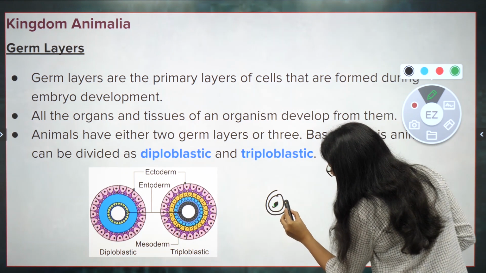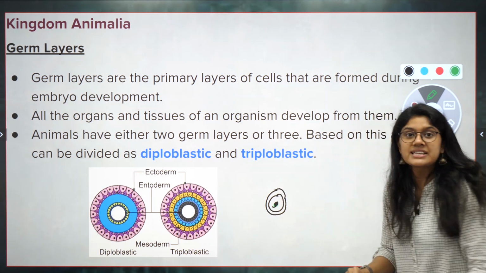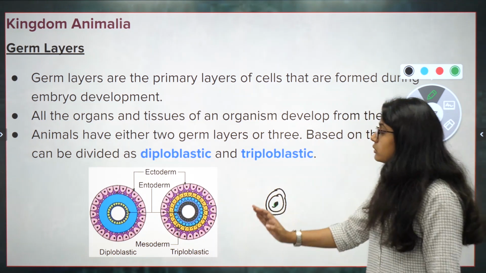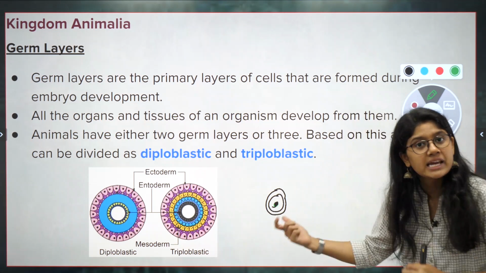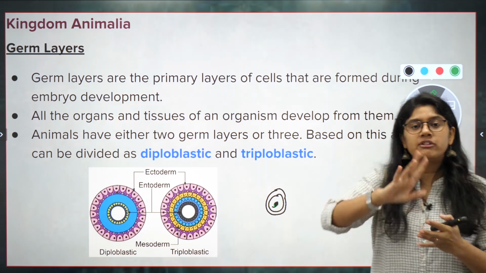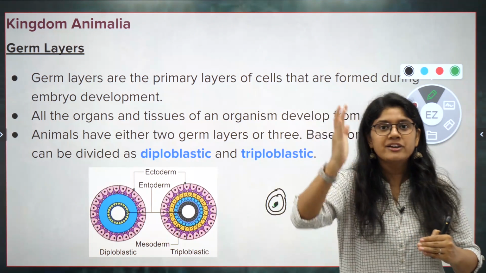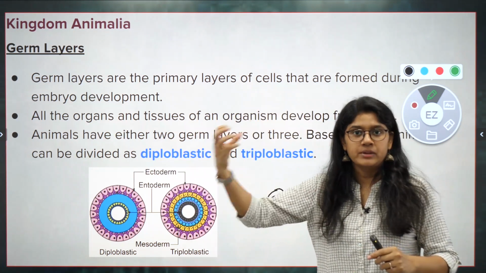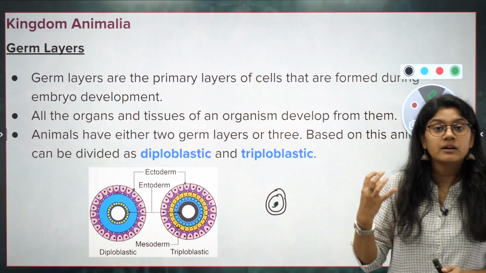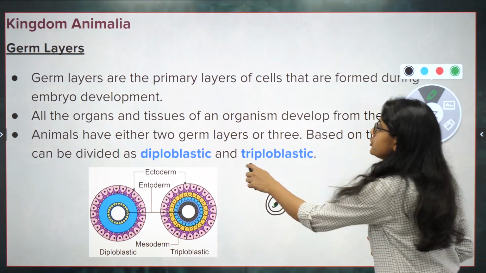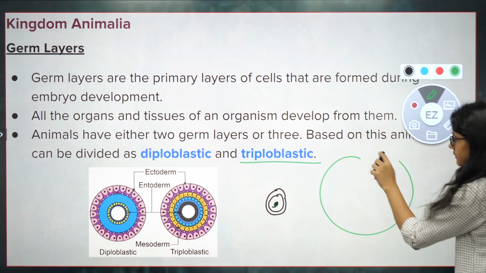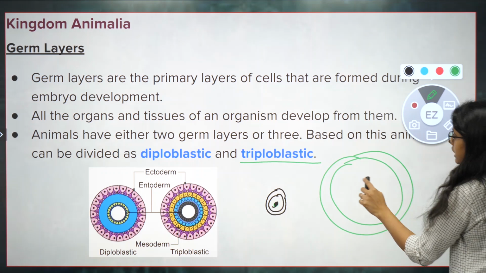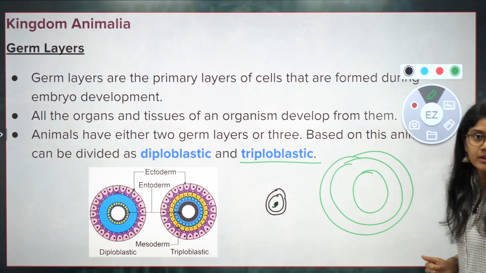The cells are dividing, and of course from here a lot of organs will also occur. So these cells could be of two different layers, or of course three layers. Majority of the animals, the higher animals, are triploblastic, meaning they have how many layers, everyone? 1, 2 and 3. Clear?